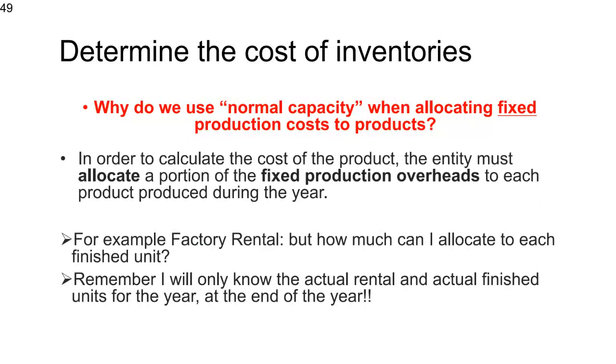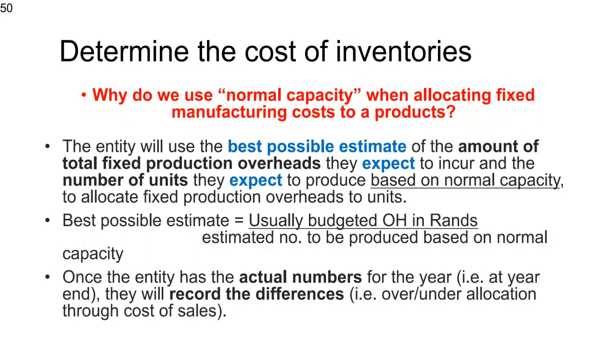So that's what that is saying. I need to find a way to allocate the fixed overheads to the individual units, because I need the individual units to have a cost, because that cost helps me to make decisions. So I come up with my best estimate of the number of units that I plan to produce.